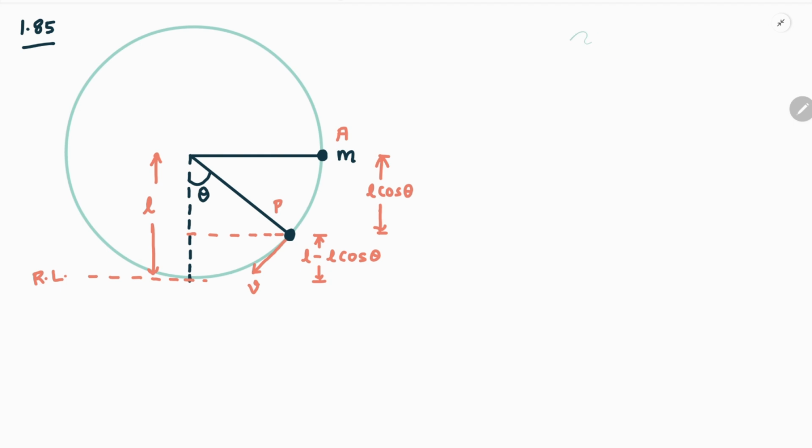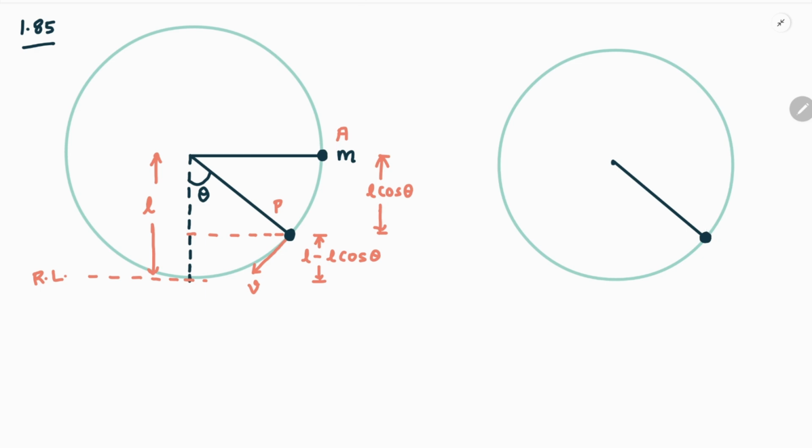We also draw one more circle to explain the other aspects of the motion, where we will be discussing the acceleration aspect. So this is just a replica of the same system. At this point P, it will have two components of acceleration.